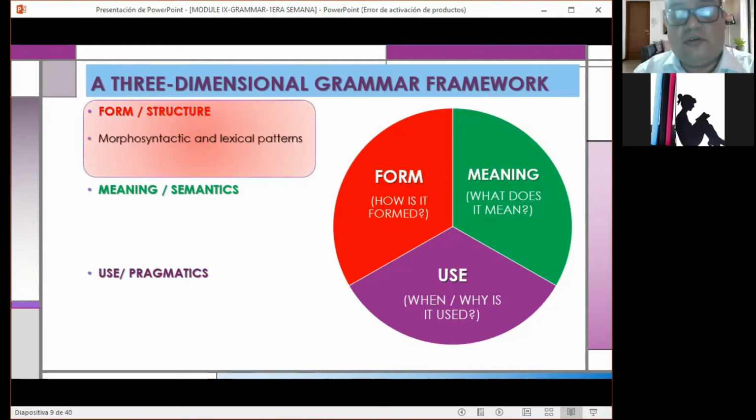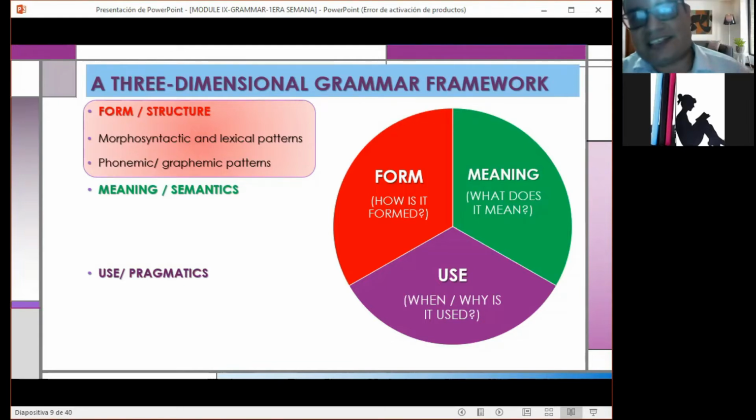Let's see here. Notice we have these three dimensions: form or structure. So we have morphosyntactic and lexical patterns, and phonemic and graphemic patterns. This is what your partner said. Not just words, phrases, or sentences. Here it involves more than that. Sounds, phonemic, letters, graphemic. When we say morphosyntactic, it involves two aspects of the language: morphology and syntax.